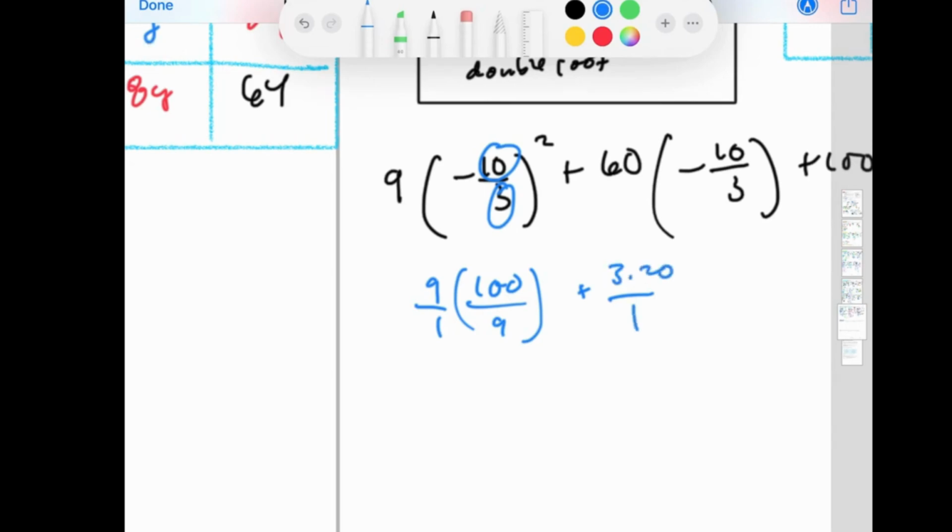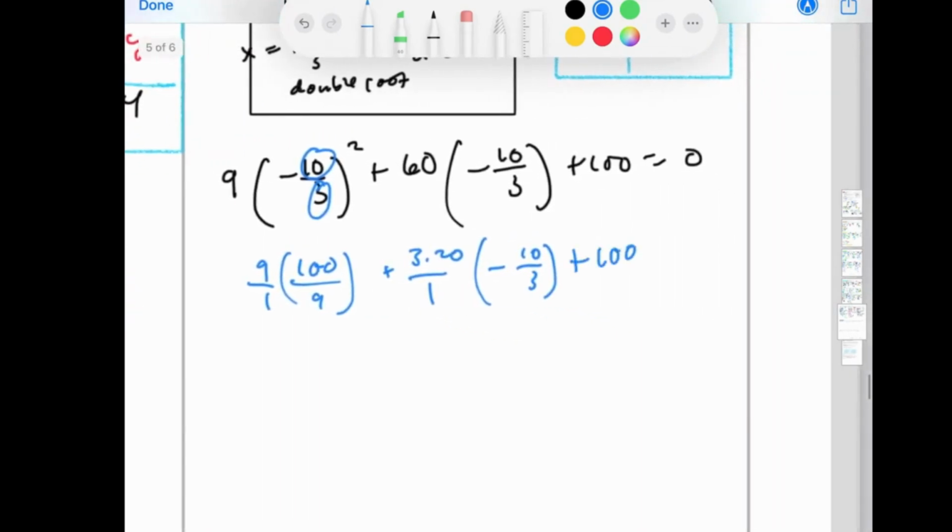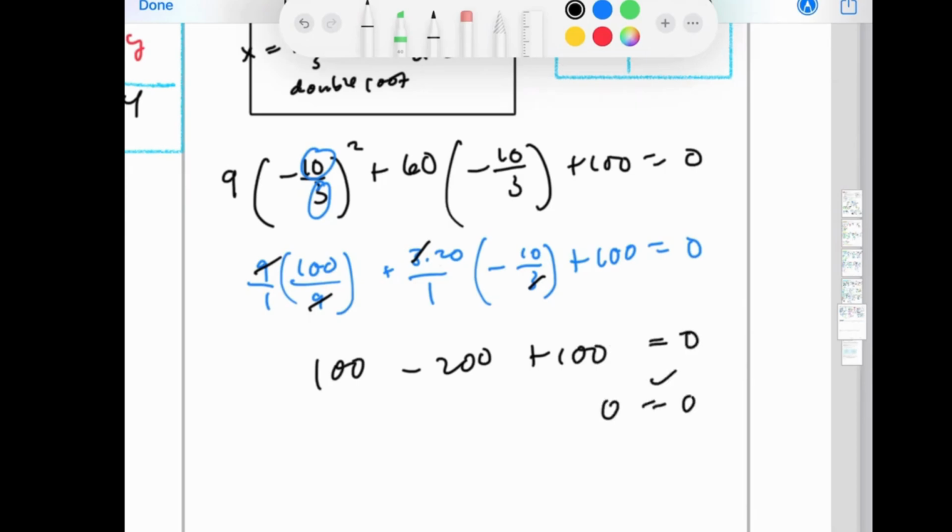Why did I change 60 to be 3 times 20? Because I looked ahead and I realized there's a 3 down here in the denominator. Does that make sense why I did that? 9 divided by 9 is 1. So 20 times negative 10 is negative 200 plus 100. 100 bills, and it checks off.